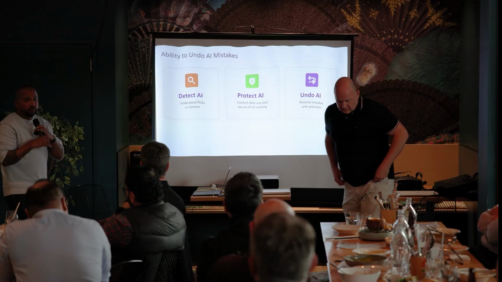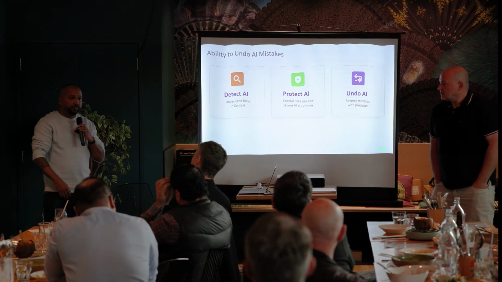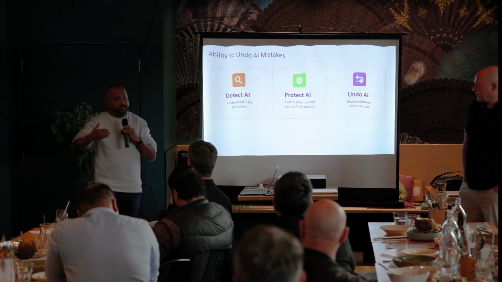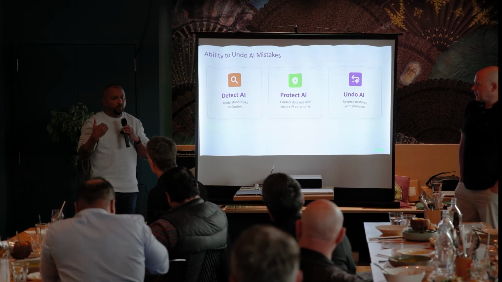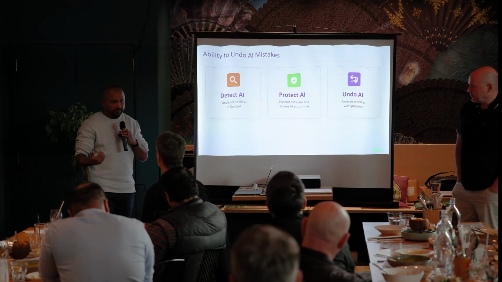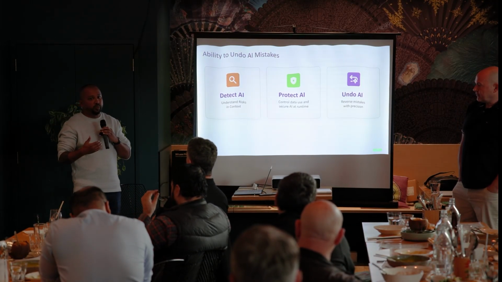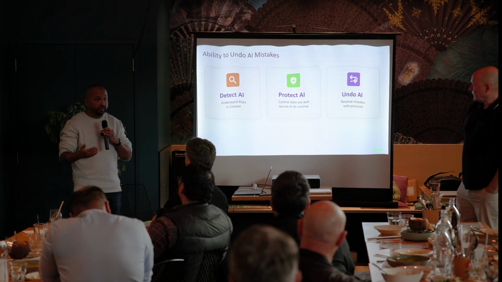The only thing I'll add to the detection and discovery piece is, like I mentioned, Veeam has predominantly been in the backup space, so we would have protected everything that you throw at Veeam. However, now that we've got AI in the mix, we need a little bit more context.